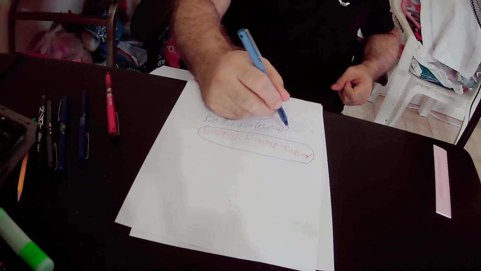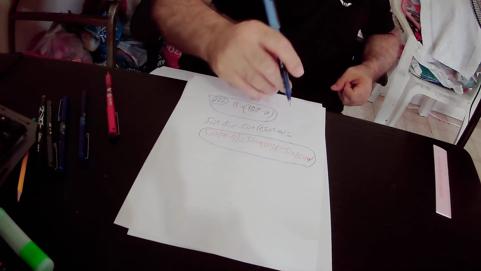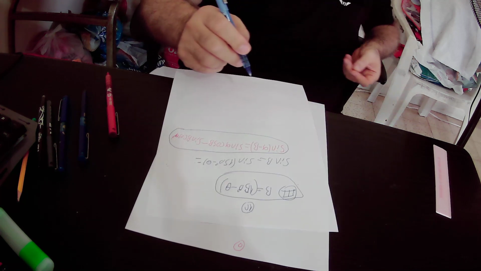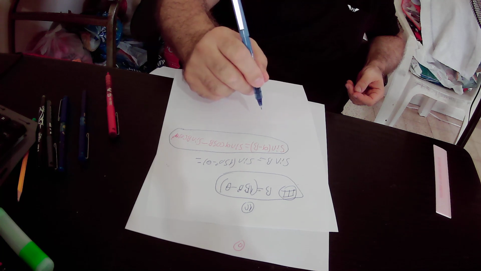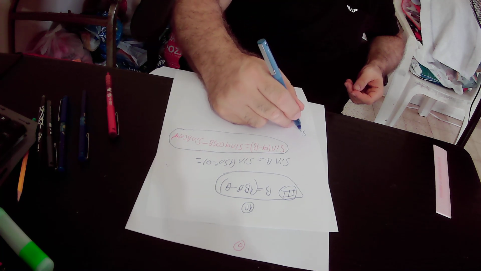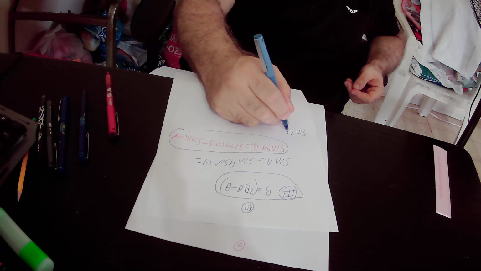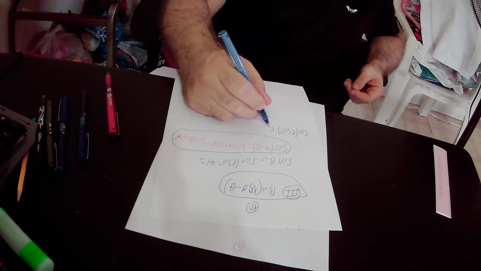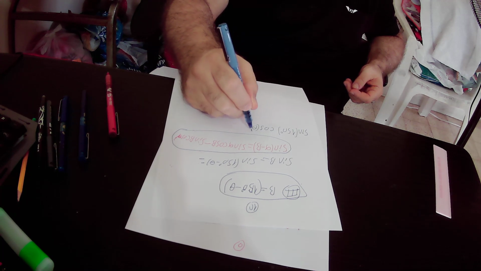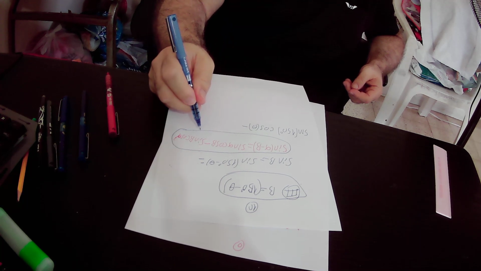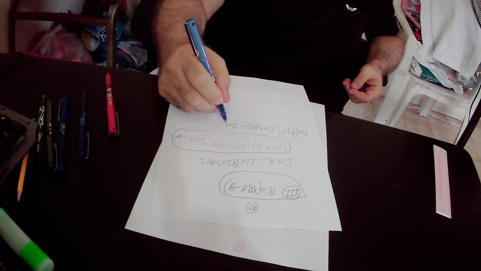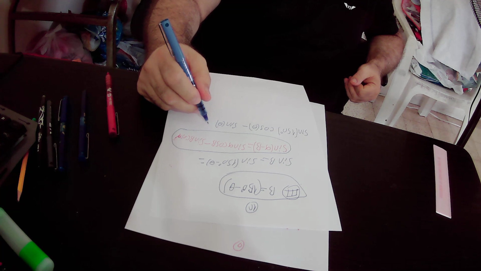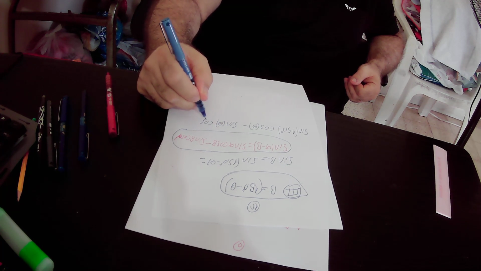So the value of sine of 150 degrees minus theta will be sine 150 degrees times cosine theta minus sine theta times cosine 150 degrees.